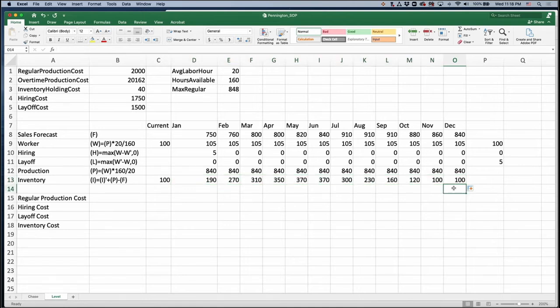Then, if you don't want to have this 100 in January, you can change your ending worker level to 100. You can put 100 here. That's fine.